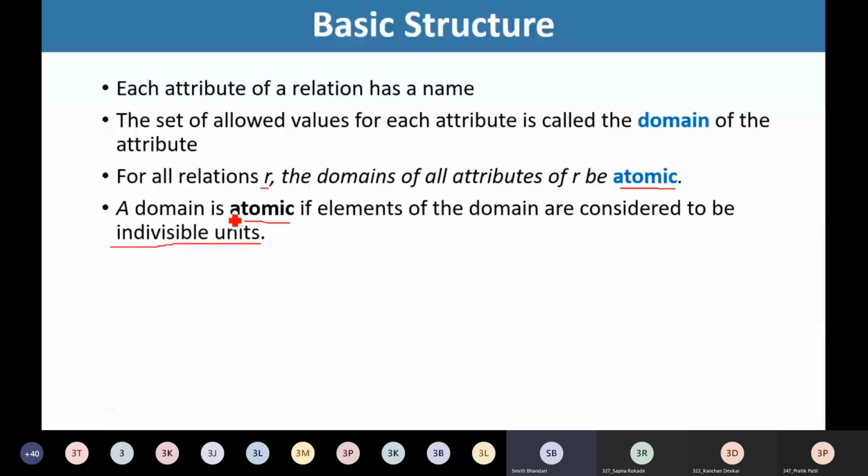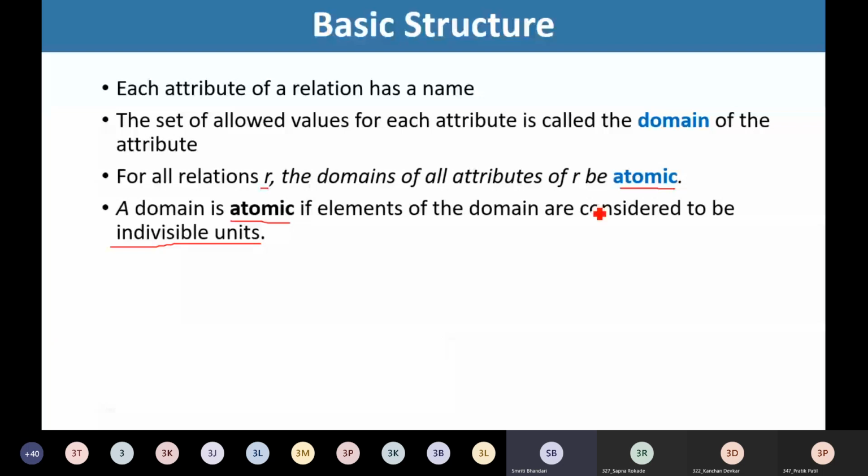See, a domain consists of some values. So the elements of the domain are some values, right? If these values are indivisible units, then we say that the domain is atomic.